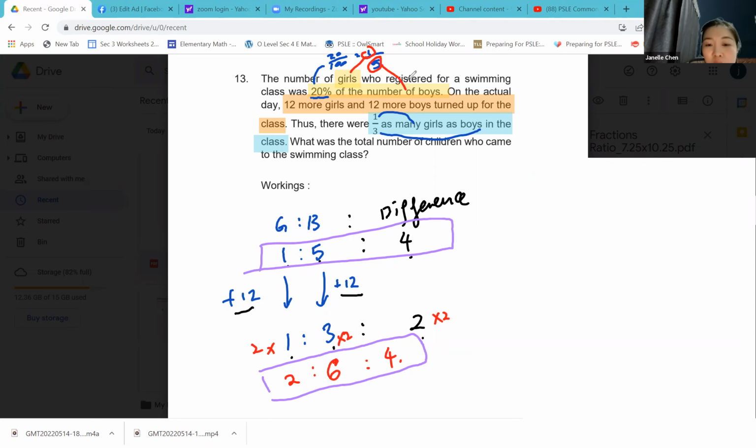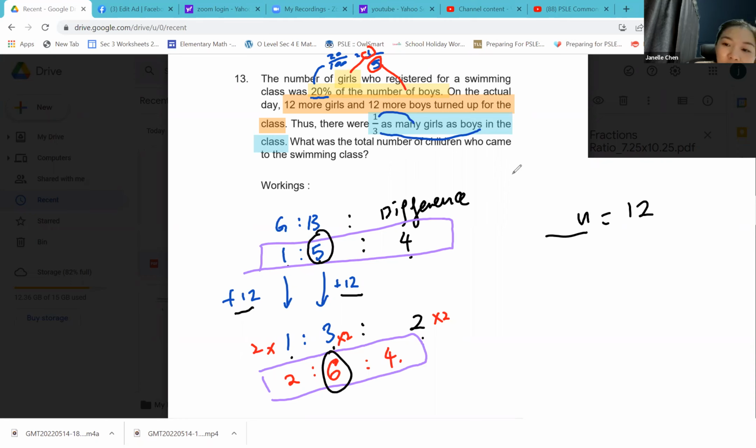Okay, so with that said, we can actually start solving already, because the only number that we have in the whole question is 12. I only need to know 12 is equal to how many units, as per what I mentioned in the previous question. So in this case, we realize that the change is from here to here, which is 5 to 6.